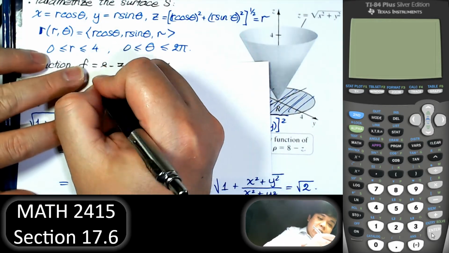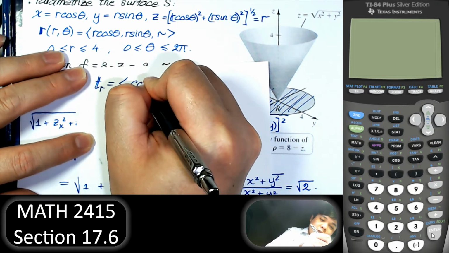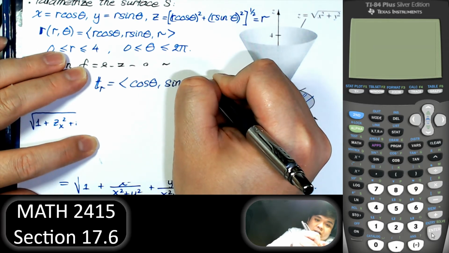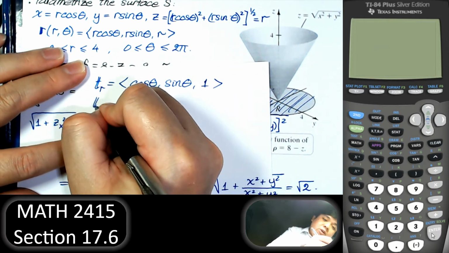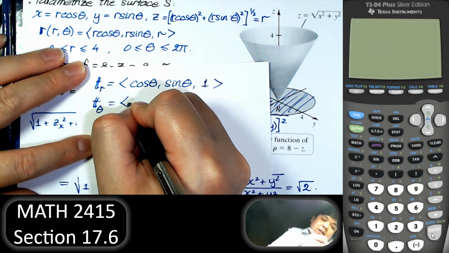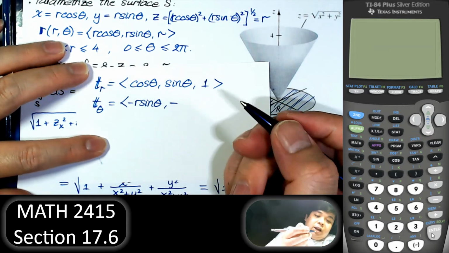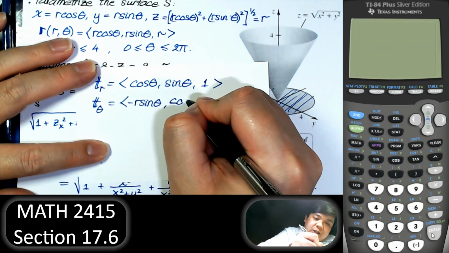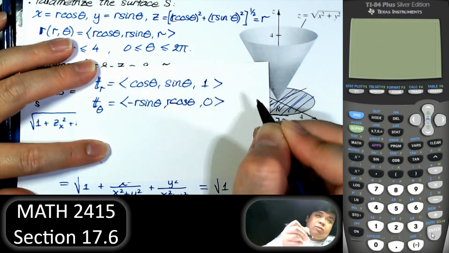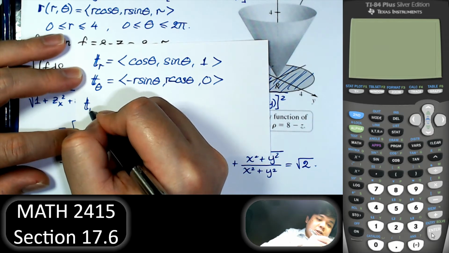The other way is to take the derivative with respect to r, which gives us cosine, sine, and 0, and then with respect to theta, negative r sine, r cosine, and 0. Do the cross product.